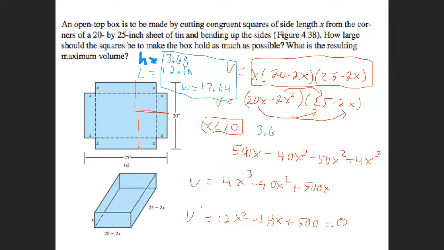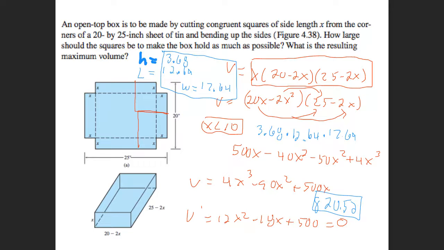I'm just going to multiply 3.68 times 12.64 times 17.64. And hopefully I get more than our last one, I think 600 and something was the largest that we had. And I come up with a total volume of 820.52.